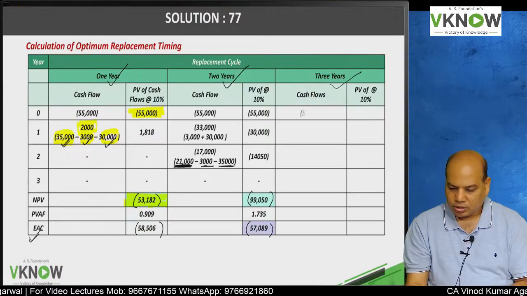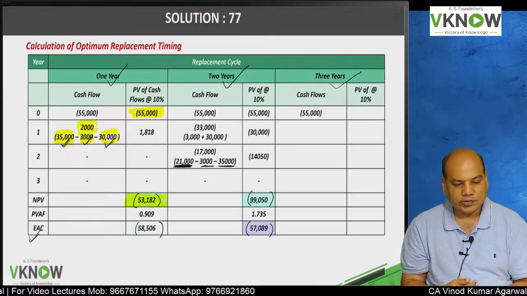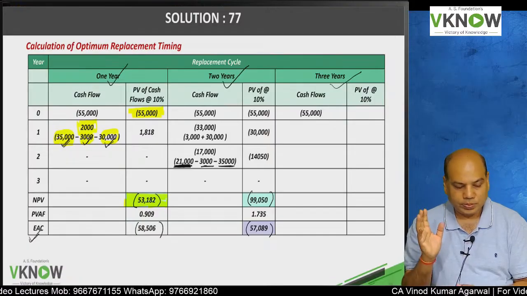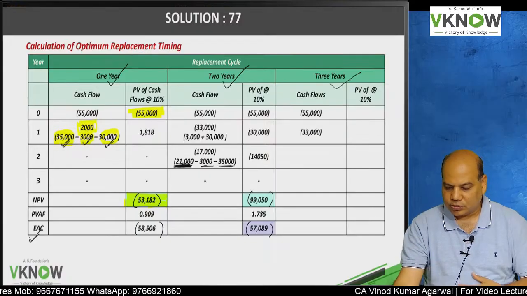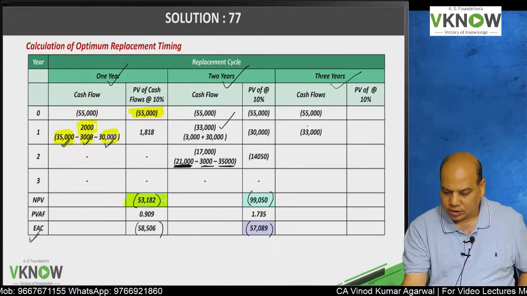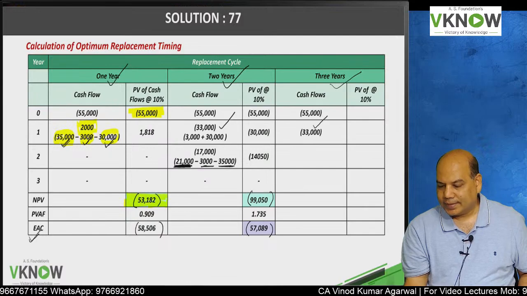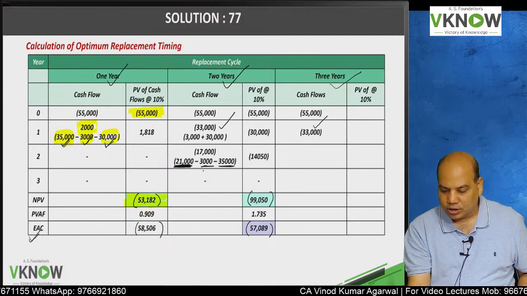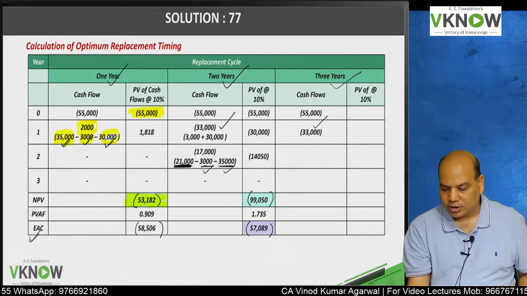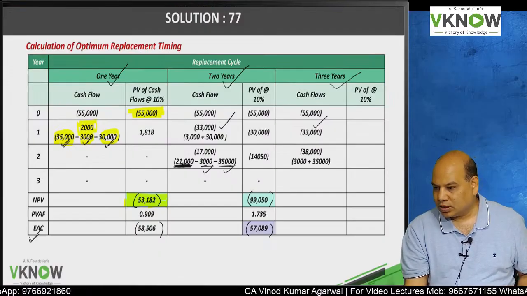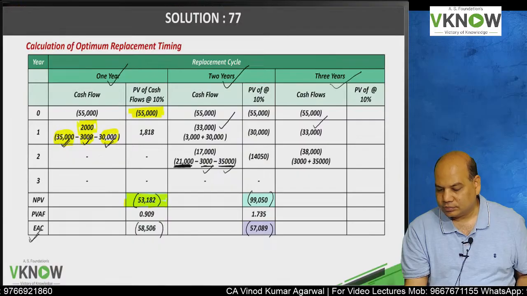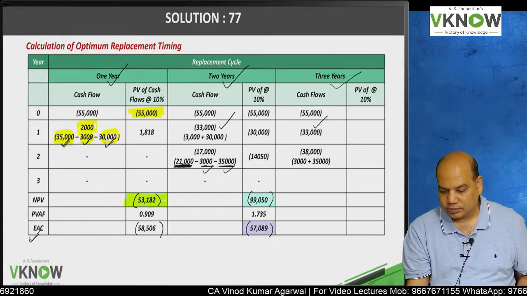Okay, now we'll go to a replacement cycle of 3 years. In year 0 I purchase the bike. Year 1 has the same cash flow, 33,000. Year 2 only these two costs are incurred, 3,000 and 35,000, so 38,000.